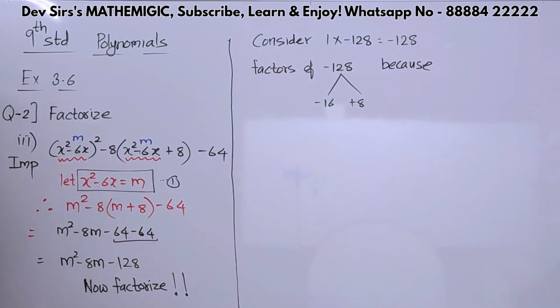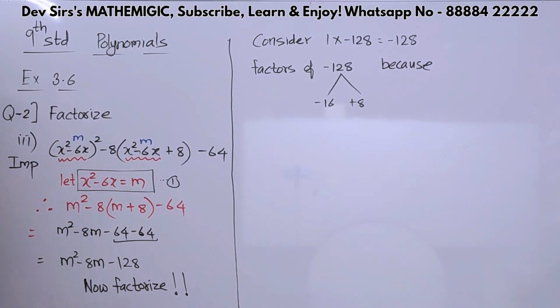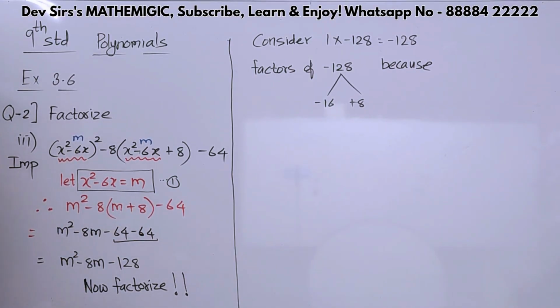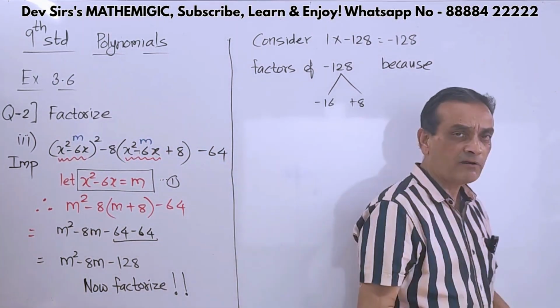M plus 8 minus 64. Is this very clear? Okay. Two places I have put m. One over here and one over here. This plus 8 remains as it is, bracket remains as it is. सिर्फ दो जगह पे m आ गया. Clear? This is called as substitution method. Very simple, not difficult, 4-mark question.